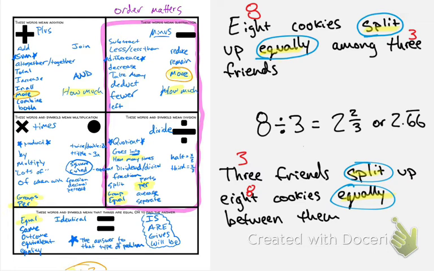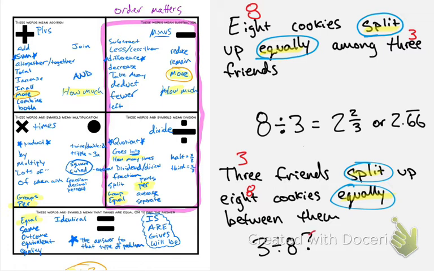If I'm not paying attention to order in this problem, I might write something like this down, 3 divided by 8, because that's the order that it shows up in this problem. However, we have to think about, what is this problem actually describing? Is it our friends that are being divided, or is it the cookies that are being divided?